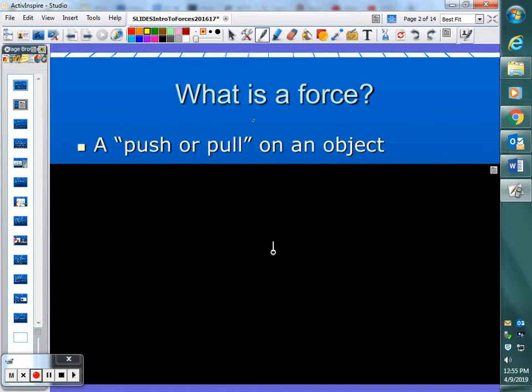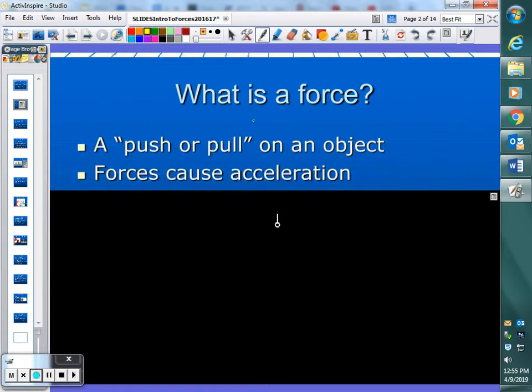But more importantly than a force being a push or a pull is what forces do. Forces cause acceleration.